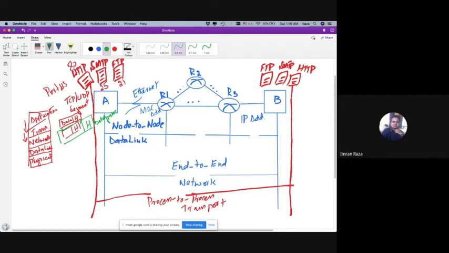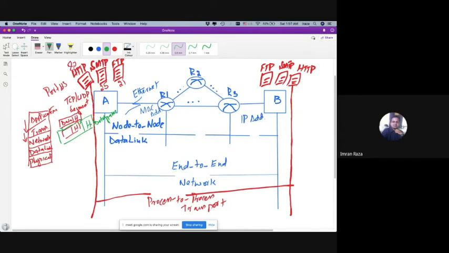By the way, in the TCP or UDP header, there are many different fields, but two fields are important here to identify. Can you guess? Yes, right. There are two fields identifying the port number of the sending process and the port number of the receiving process. Similarly, in the datagram's header, there are many different fields, but two fields are very important.